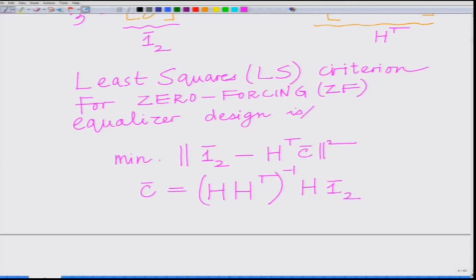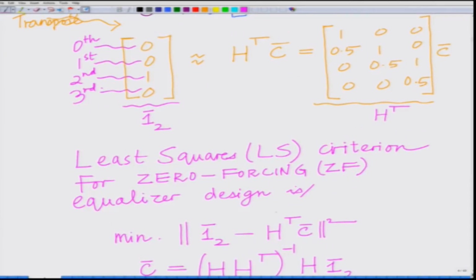And remember, that is because the matrix H transpose is a 4 cross 3 matrix, and therefore it has more rows than columns.